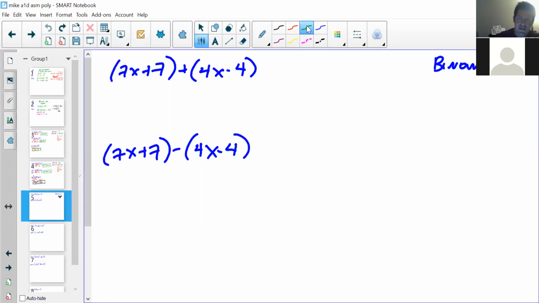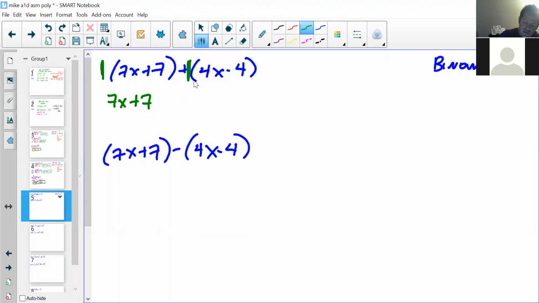Now, since I have the parentheses there, technically both sets of those parentheses have some sort of number in front of it that we need to distribute. Here it's the number 1, so it's not going to necessarily look too different after we get done with the distribution, because we know that when we multiply anything by the number 1, it's just going to be the same exact thing. So I have 7x plus 7 over here after I distribute that 1.